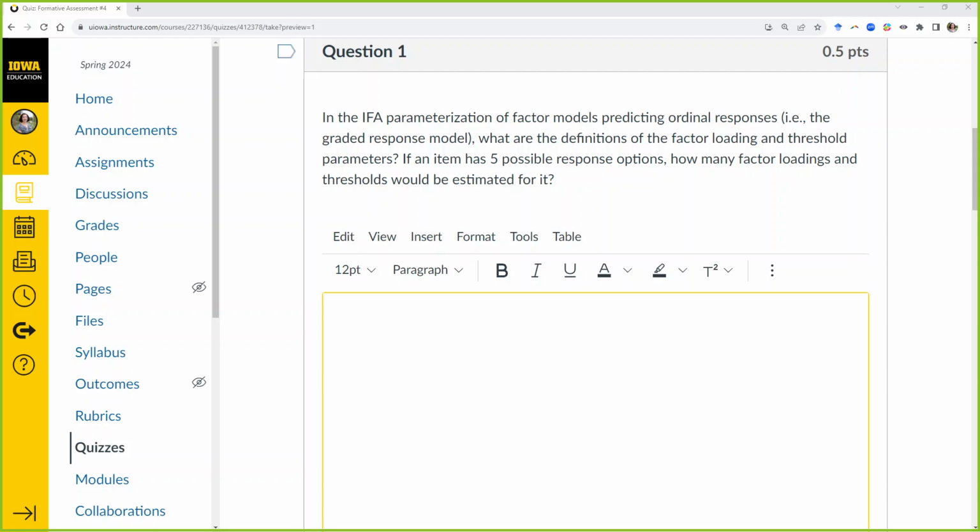So here we're looking at groupings of those categories. Say if we had 4 response options, we'd have various submodels. One example would be 0 and 1 in one grouping and 2, 3 in another grouping.